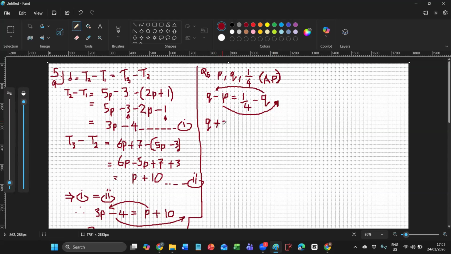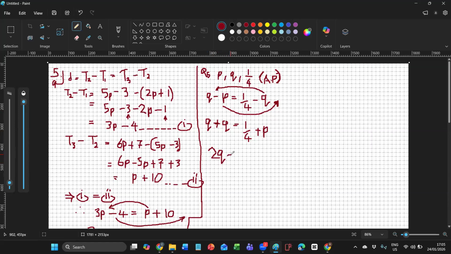And then 1 over 4 plus P. And I think we're very, very close to the answer. 1 over 4 plus P. Oh, sorry, I was thinking that was P. I was already going to write 2P. It's 2Q, not 2P.